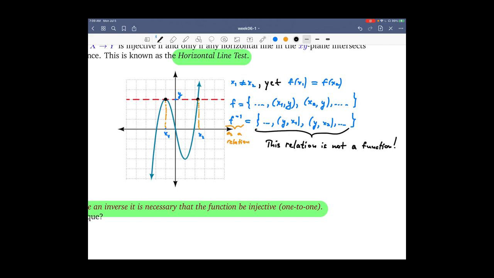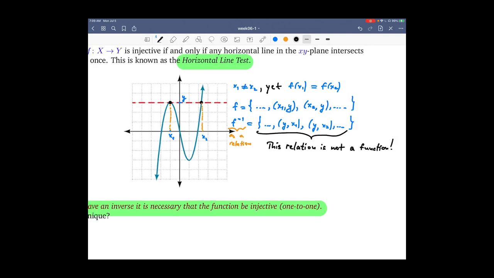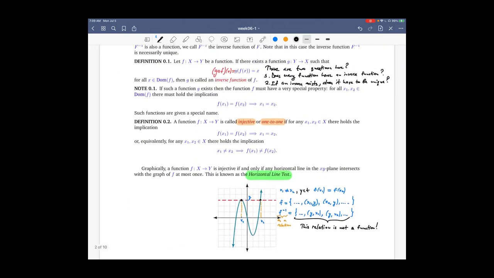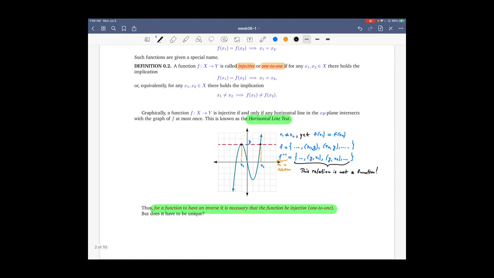This relation is not a function. In other words, f as a function has no inverse function. F as a relation does have an inverse relation. So we have the first question answered.